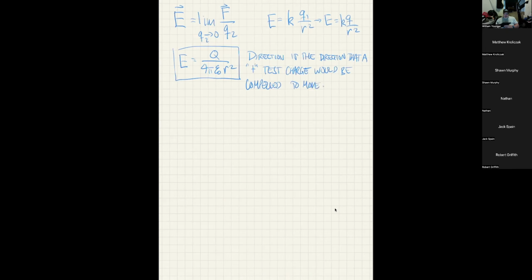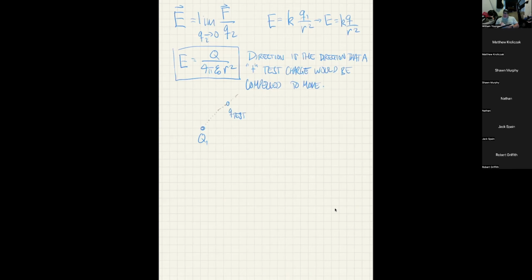That means, for instance, if charge Q is right here and Q test is right here, then it has to act along this line connecting the two, right?